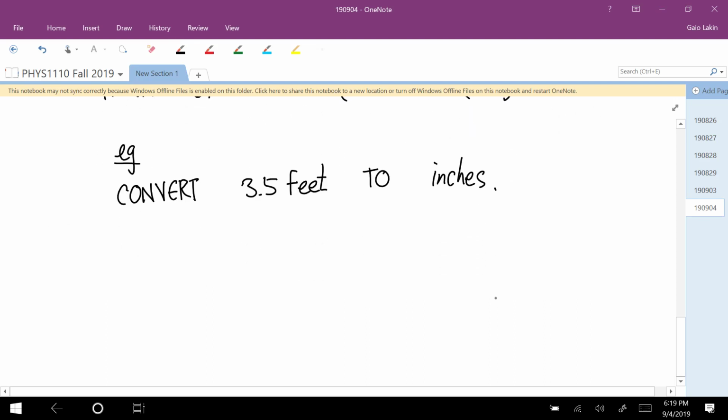We're going to think of 3.5 feet as 3.5 times this unit feet. And we're going to use the conversion factor that says 1 foot is equal to 12 inches.